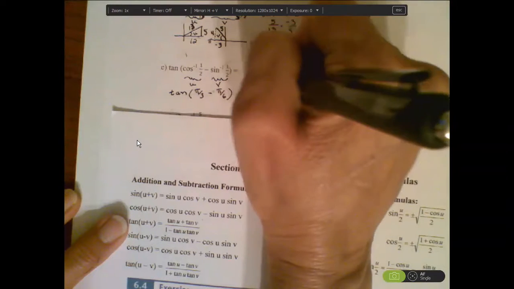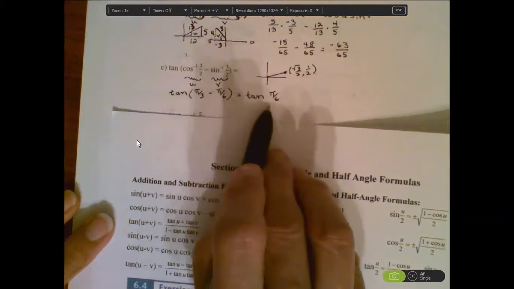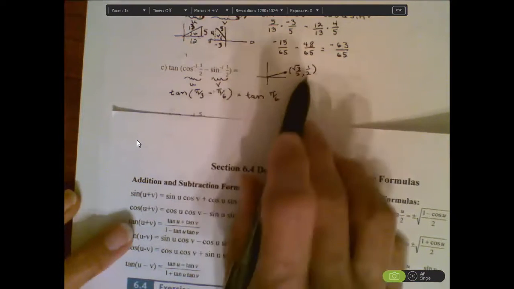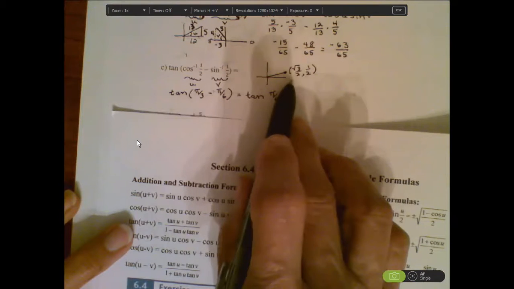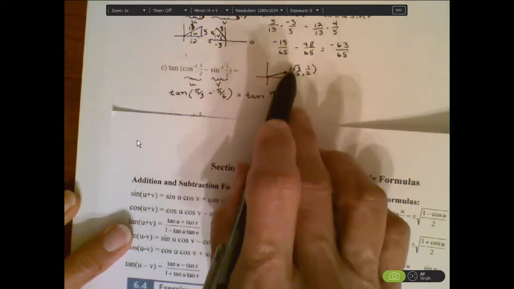Pi/6 is near the x-axis, where x is √3/2 and y is 1/2. So what is tangent of pi/6? The y divided by the x would flip the x. That would make the √3 in the denominator, and the 2's would cancel.